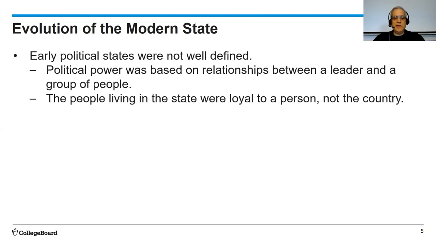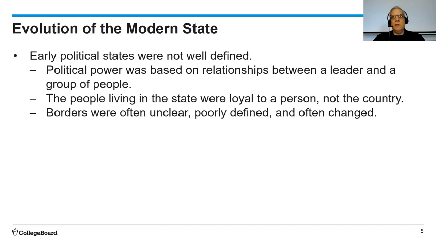The people living in that state were loyal to the king and not the country, which meant that they had problems seeing themselves as citizens of a country. Borders were often unclear, they were poorly defined, and they changed often.